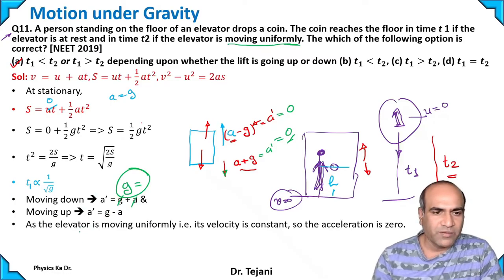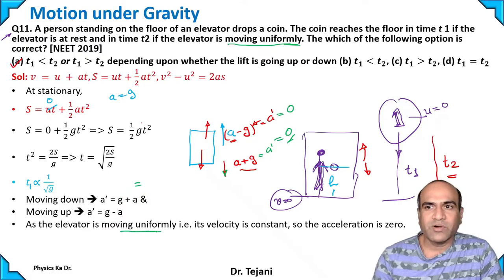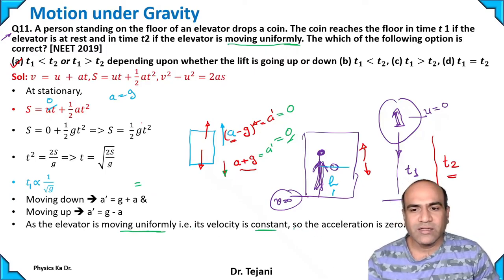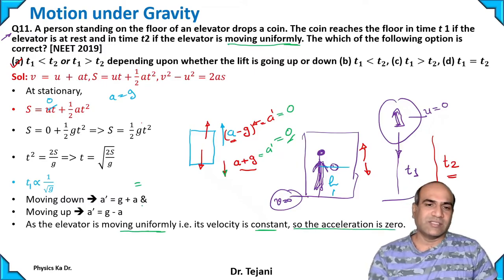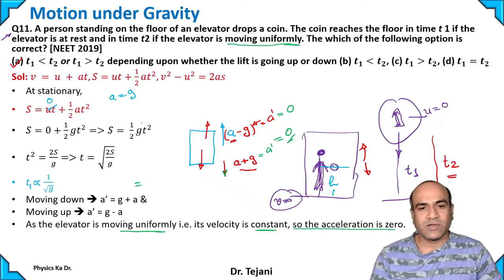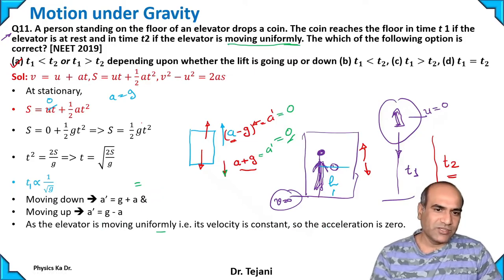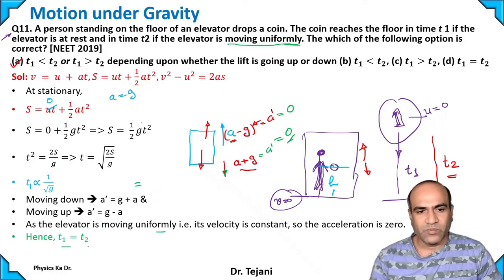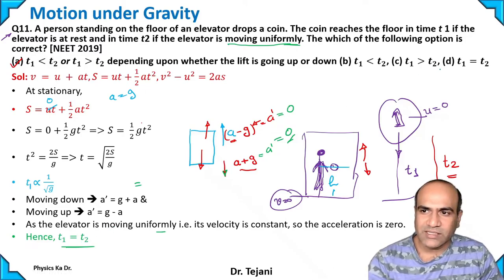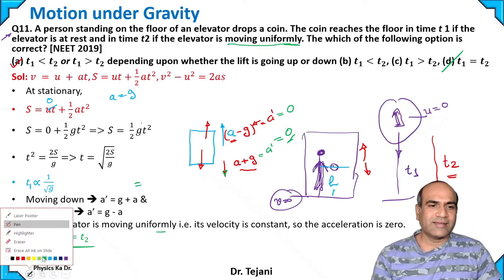The word uniformly is very important. Its velocity is constant, and therefore acceleration is zero. Whether the coin moves or not, it is not having any effect, and therefore t1 should be equal to t2. So the answer is t1 is equal to t2.